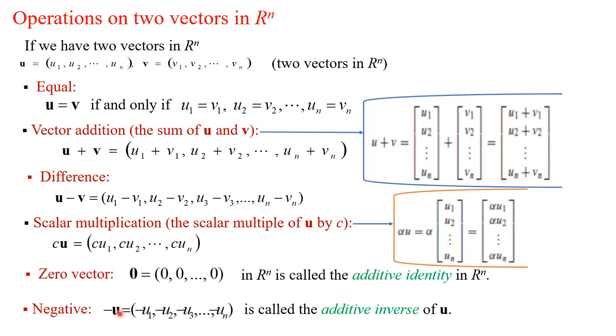These things will be helpful in the definition of the linear vector space. Vector addition, very important; scalar multiplication, yet another important operation; and then these two special vectors, additive identity and additive inverse. These four will be used in our definition of the linear vector spaces in our coming lectures.